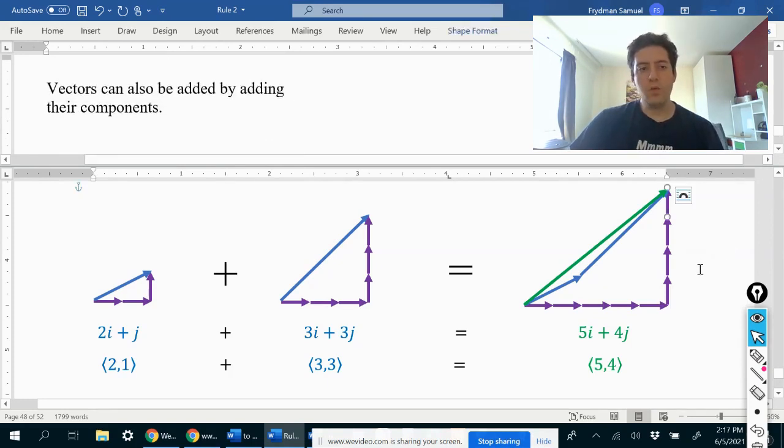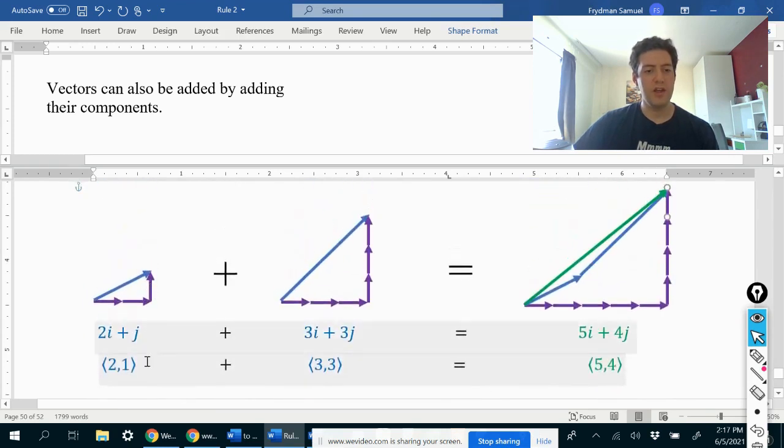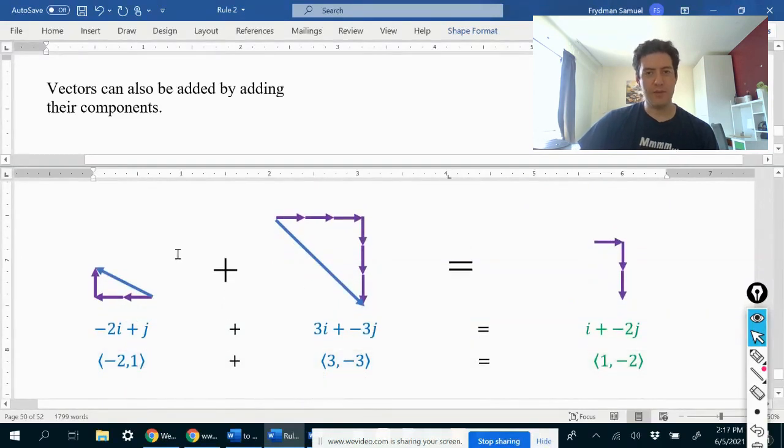All right, and that would work also if we had some negative numbers. So let's do an example with a couple of negatives thrown in there. This vector is no longer 2i plus j. Now it's negative 2i plus j. Notice that these horizontal vectors are now moving to the left. We want to add that to this vector over here, which is 3i plus negative 3j.